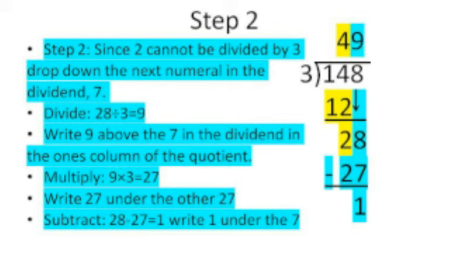And it obviously can, and it's going to go into it 9 times. So then we repeat those steps. We've divided, now we multiply. 3 times 9 is 27. We place that 27 underneath the 28. And again, our final thing is to subtract. So we subtract 27 from 28, and that leaves us with 1.